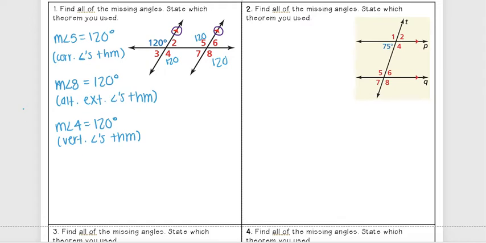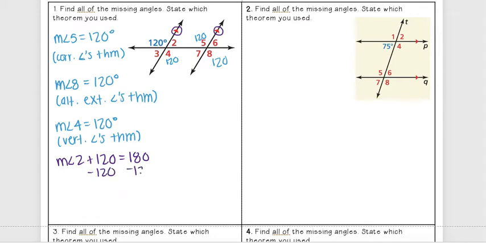Okay, so now I want to find the rest of them. So one way I can start off with is angle 2 and 5. I see that those are consecutive interior angles. And we learned in that last video that those are supplementary, so those add 180. So I know that the measure of angle 2 plus 120 is equal to 180.